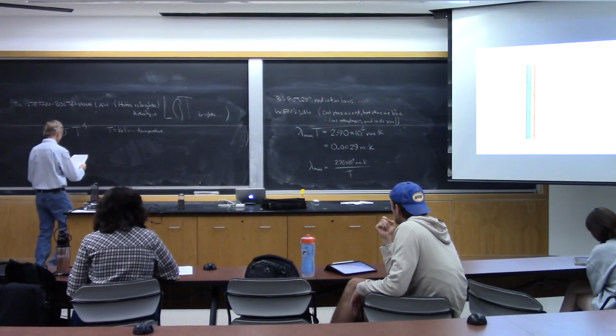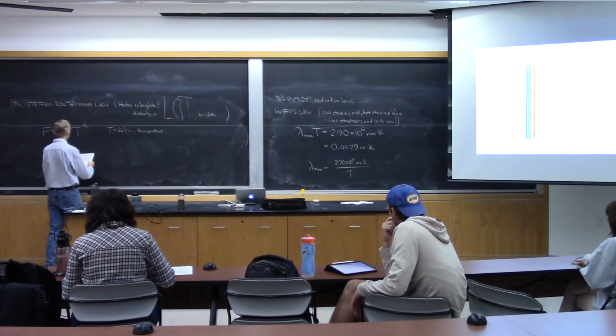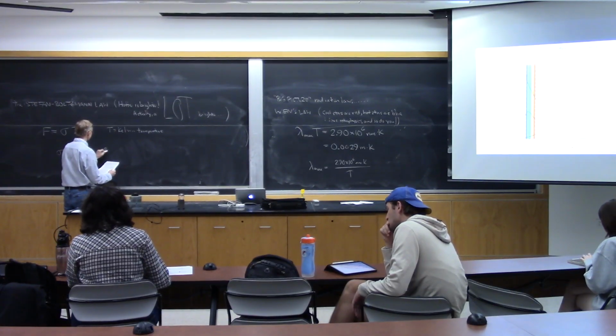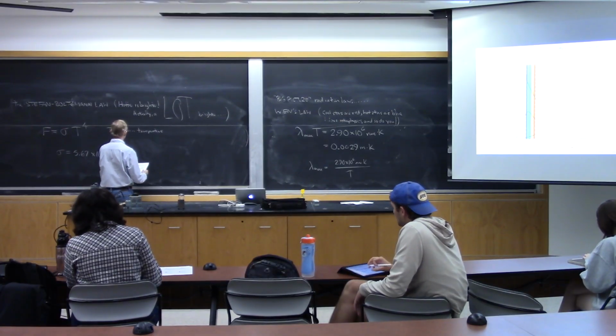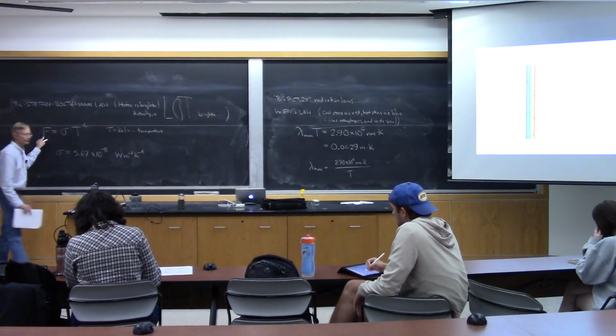F is sigma T to the fourth, where sigma is equal to 5.67 times 10 to the minus 8, and then the units in SI are going to be watts per square meter per Kelvin to the fourth power, because what are the units of flux?